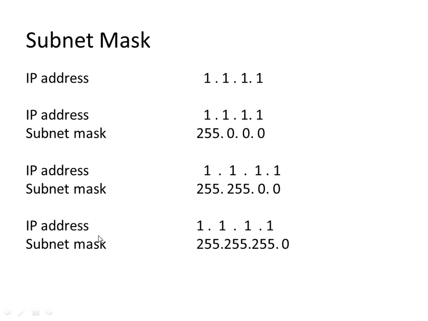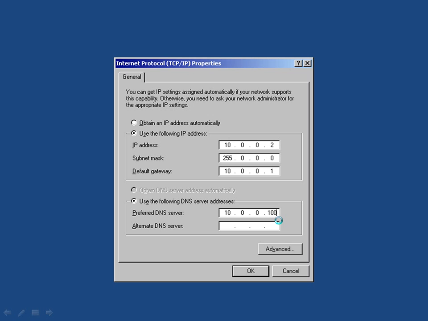And in the third example, what is called a Class C subnet mask, we can see it's a subnet mask of 255.255.255.0, which tells us that it is network 1.1.1, workstation 1. So it's the difference between living at 111th Street versus living at 111 First Street.